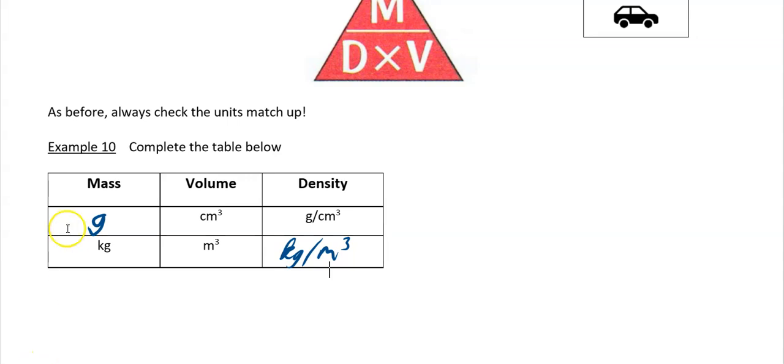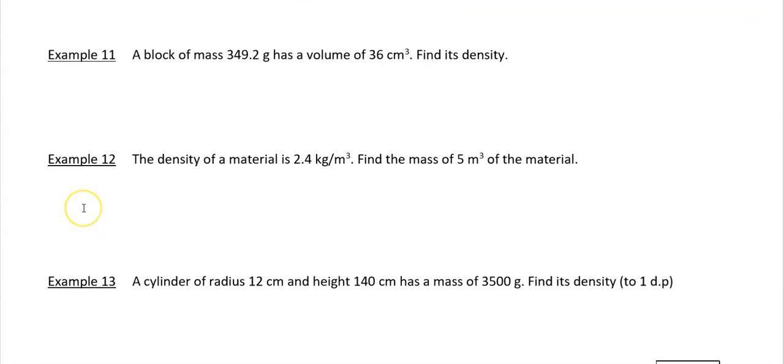Okay, over the page, and we're on example 11. It says in this question, a block of mass 349.2 grams has a volume of 36 centimeters cubed. Find its density. So every single time here I'm going to write down my memory triangle to keep me right. My mass is on top, I've got my density and I've got my volume. And then what are we trying to find in this question?